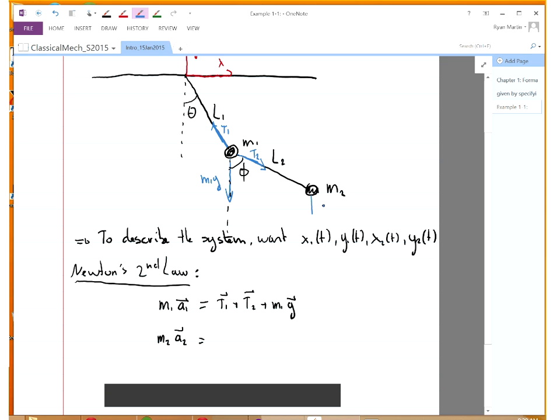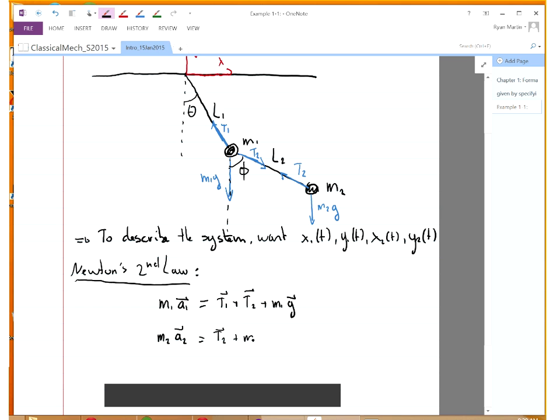There's an M2 g from gravity, and there's the same magnitude but opposite direction T2. So M2 A2, the sum of the forces, is T2 vector plus M2 g. Technically it's not the same vector in these two equations, so one of them should probably have a negative sign, but I'll keep that in mind when I write it out explicitly in components. Okay?